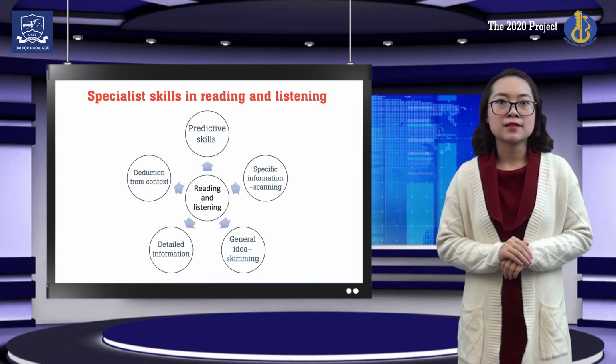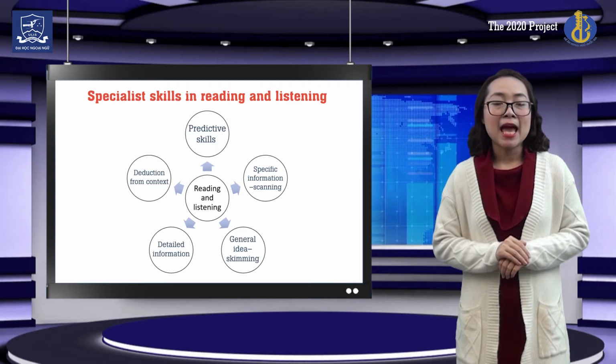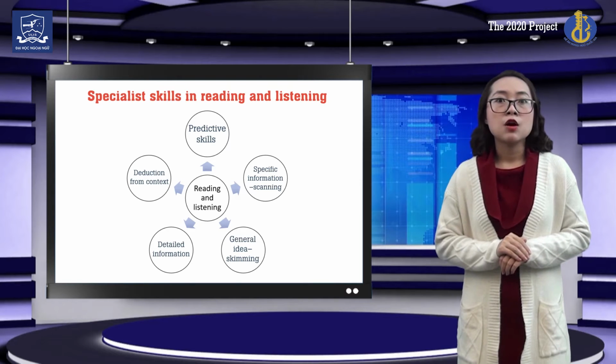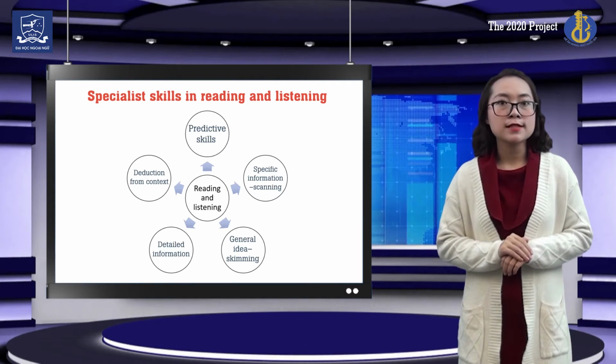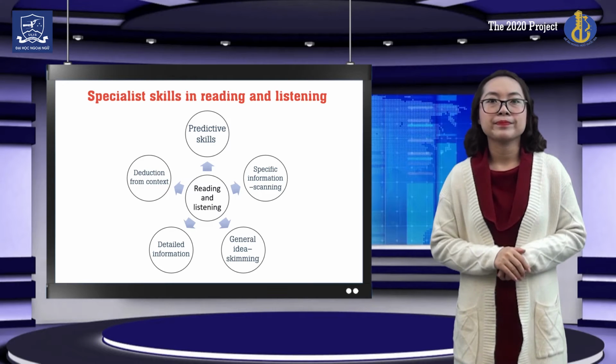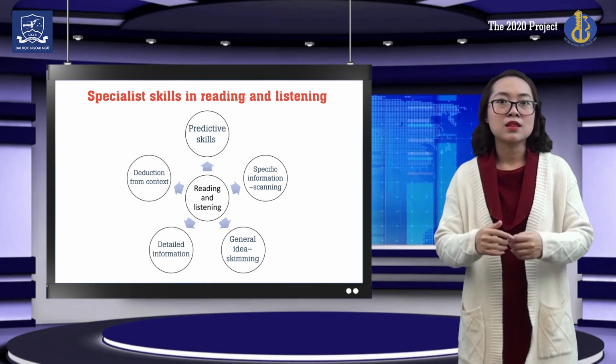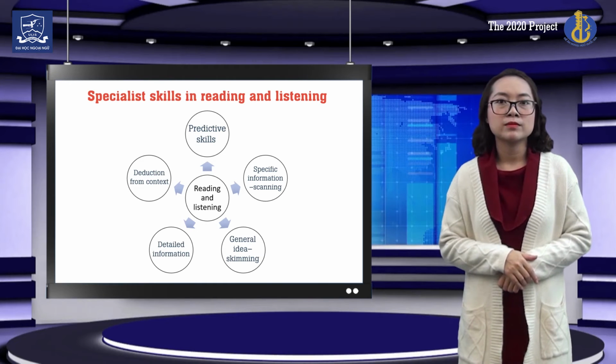Deduction from the context. Sometimes we need to be able to understand and deduce the meaning of individual words or phrases from the context in which we hear or read them. We sometimes also need to see beyond the literal meaning of the words.